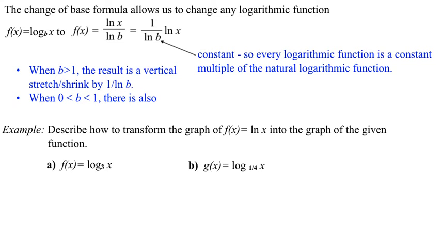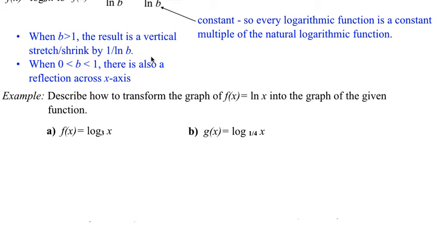But if it's a fraction, we also have a reflection across the x-axis because it's outside the function. Okay, so we're multiplying by something outside the function, and it will be across the x-axis. And almost all the time, this is going to be a vertical shrink. You'll notice that in your problems, that it will come out to be a number less than 1, so it's a vertical shrink.